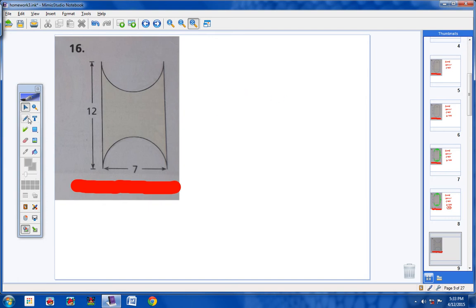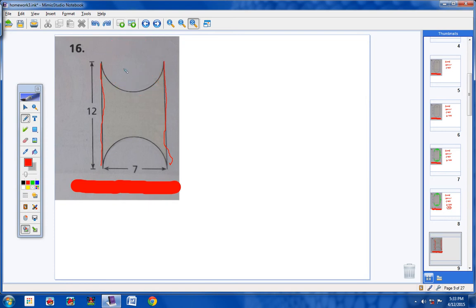Now, same thing, here we go. Look, guys, you want to find the perimeter around this object, correct? So you have to find this length here, which is 12, and this length here, which is 12. Now, if I were to draw a complete circle and find the circumference all the way around, that would be pretty simple.